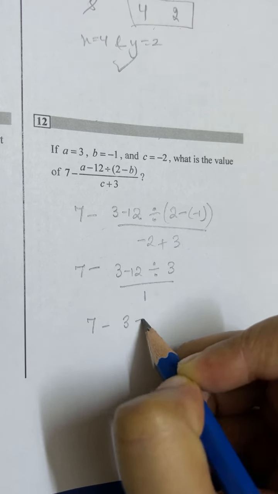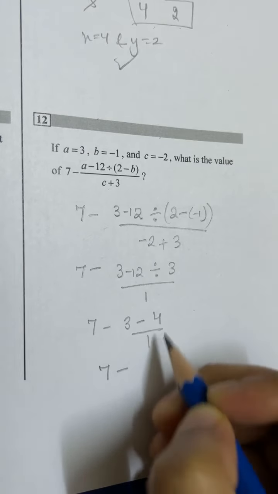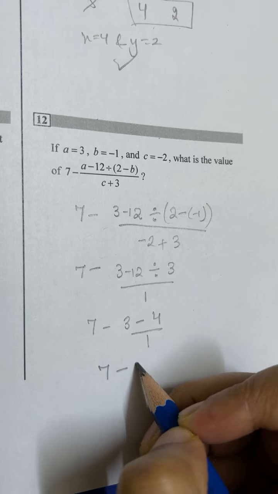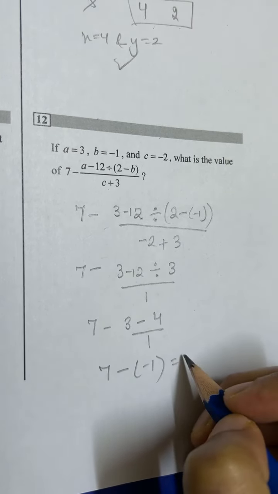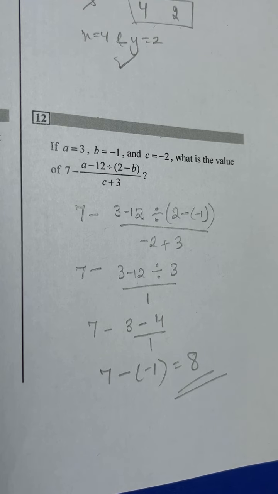So I'm going to write 3 minus 4 divided by 1. So I have 7 minus of 3 minus 4 is minus 1. That's it. 7 plus 1 is 8. So your answer is 8.